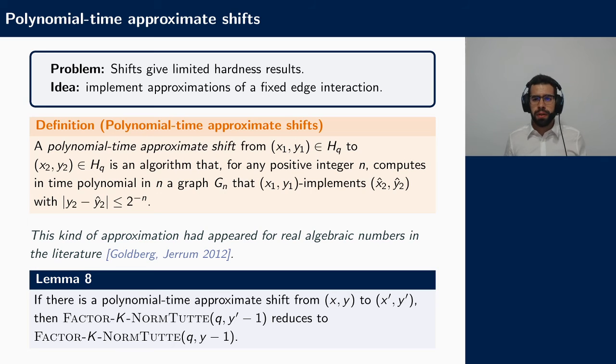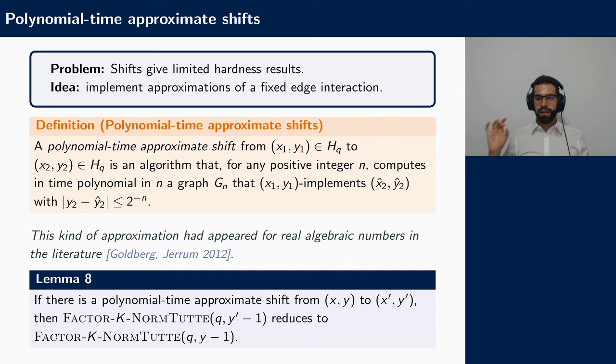So in order to solve that, we define a generalization of shifts, and the idea here is implementing approximations of fixed edge interactions, okay? This generalization is called polynomial time approximate shifts, and they are algorithms that for any positive integer n compute in polynomial time in n a graph G that using the first point implements a very good approximation of the second point.